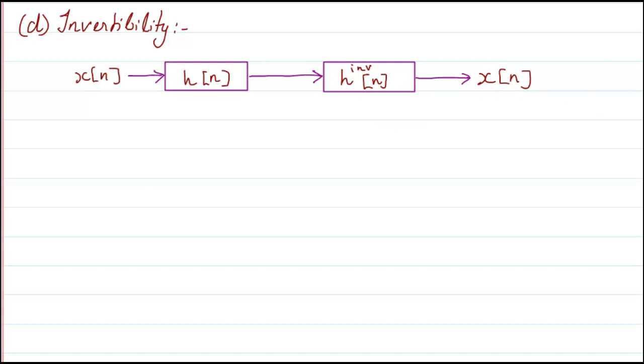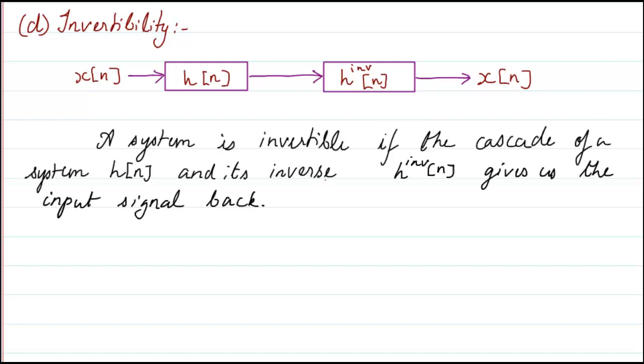A system is invertible if the cascade of a system h of n and its inverse h inverse of n gives us the input signal back. That means I will write the equation that we want to prove: if you have h of n and you convolve it with h inverse of n, then that answer should be an impulse signal.